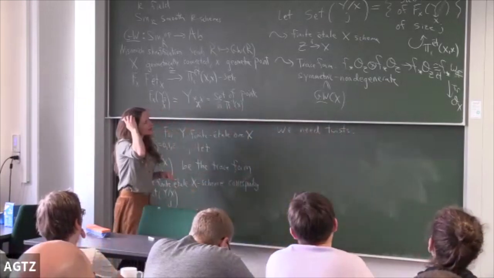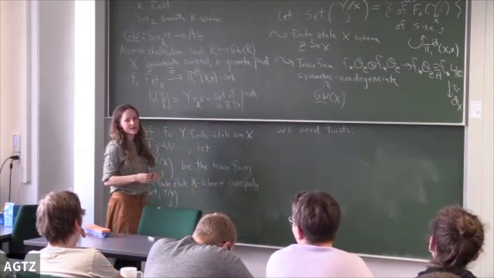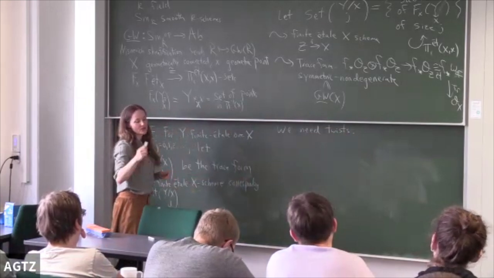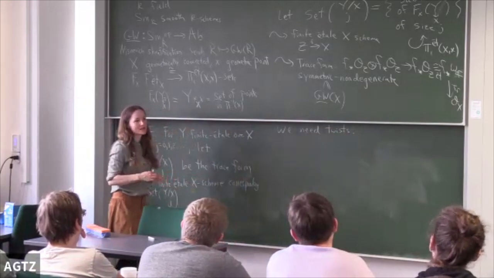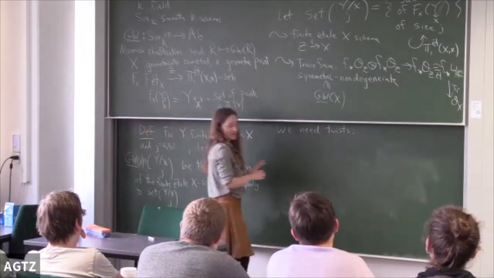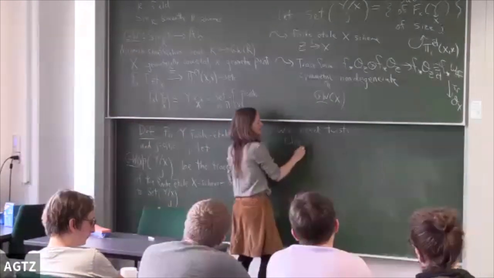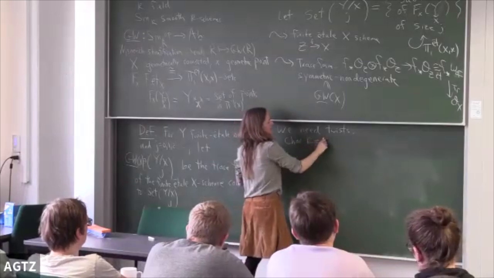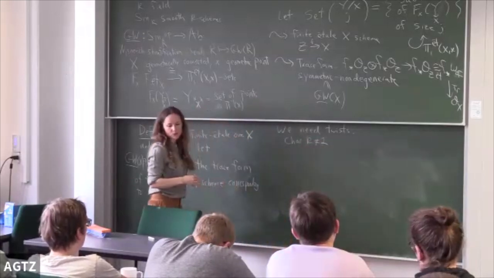So if Y over X is degree 2j, and we're choosing j, then we can also swap a subset with its complement. And that's going to turn up in calculations. Let the characteristic of k not be equal to 2.